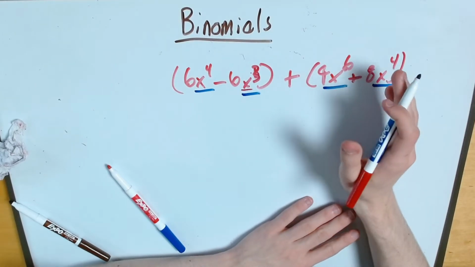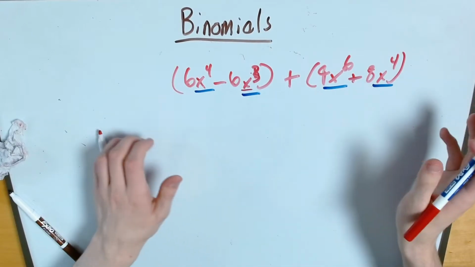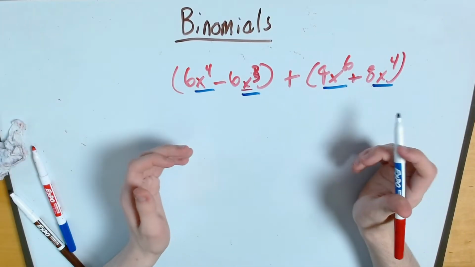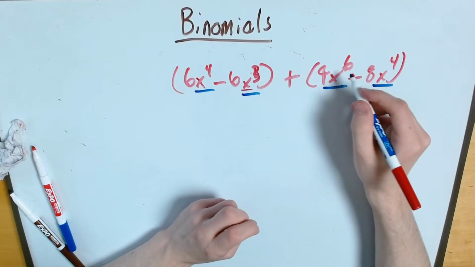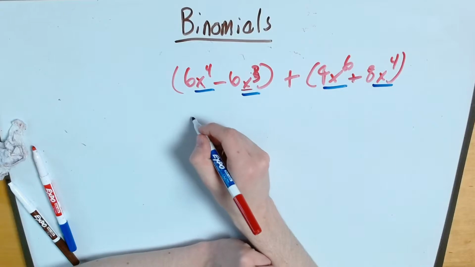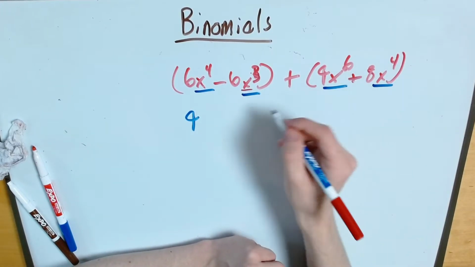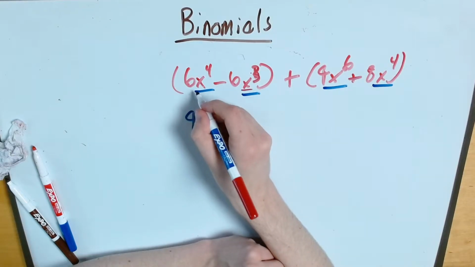So I'm going to actually rearrange them just as I would if this was a full-out polynomial. I'm going to rearrange them in order of decreasing exponents. So I'm going to start with the term with the highest exponent. The highest exponent is x to the 6, so I'm going to have 9x to the 6. And my next one is the x to the 4.